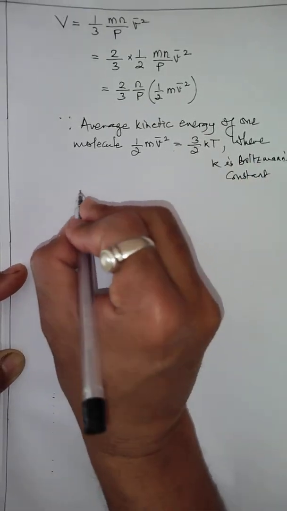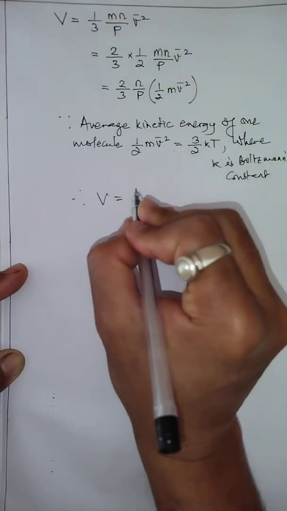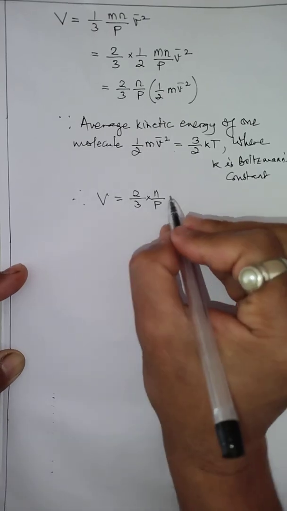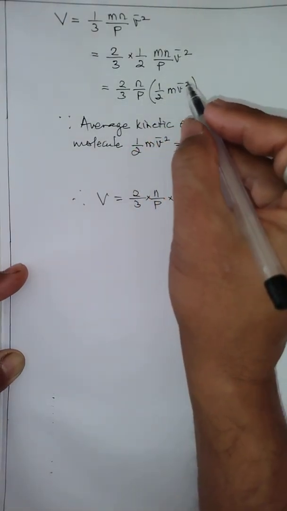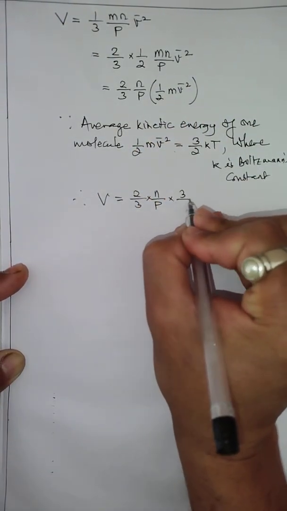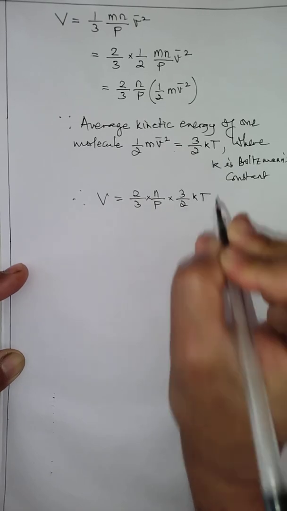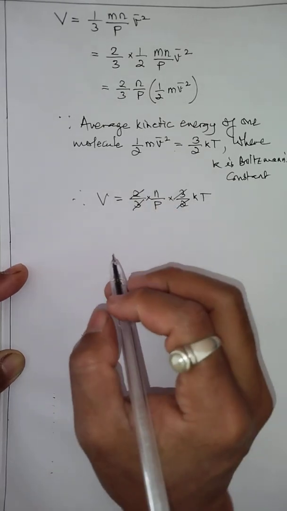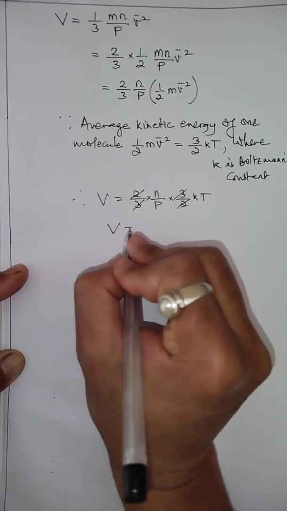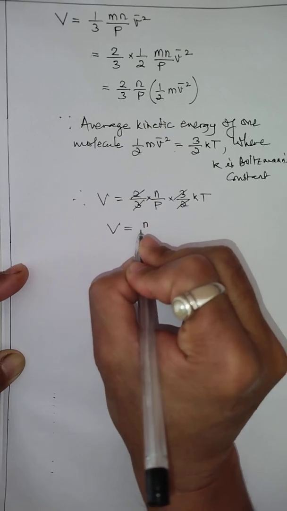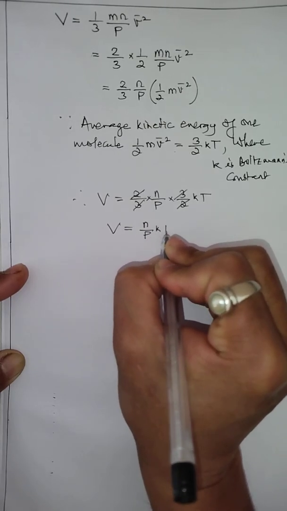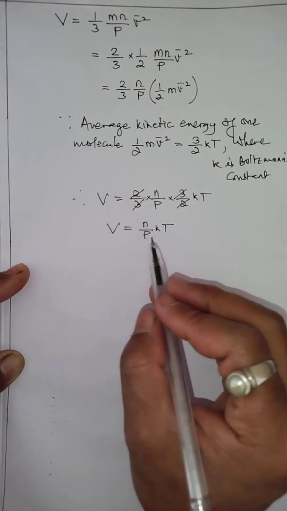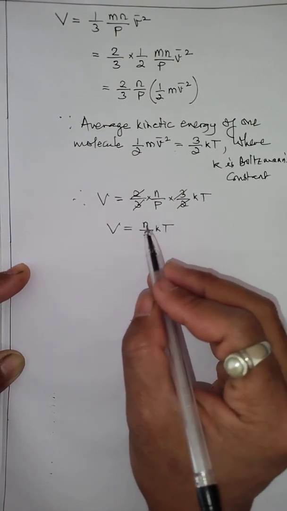Now write V equals, there is already 2 by 3 into N by P. Now this 1 by 2 m mean square speed I replace by 3 by 2 kT. So 3 and 3 cancel out, and 2 and 2 also cancel out. Now the expression is coming, V equals N k T by P. This is the relation of volume in terms of pressure, temperature, and the number of molecules and the Boltzmann constant.